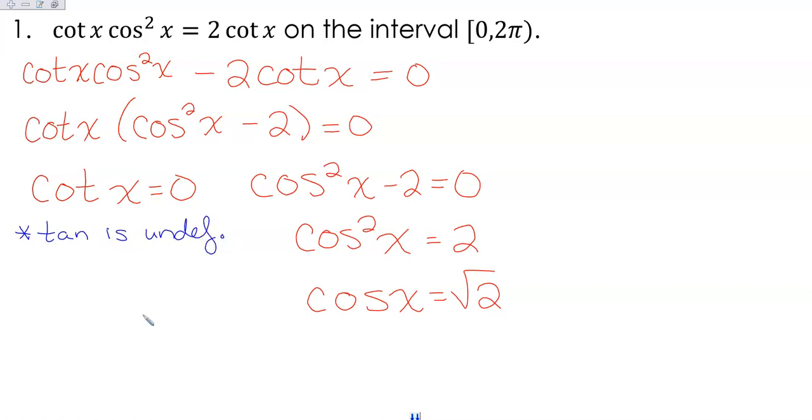Okay, that is where my cotangent is 0. So if we look at our unit circle and we find where, excuse me, where tangent is undefined, we will see that that is at pi over 2 and 3 pi over 2.